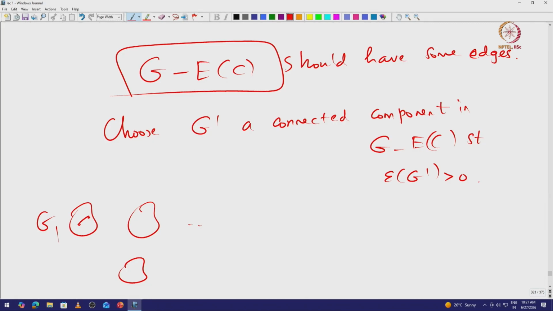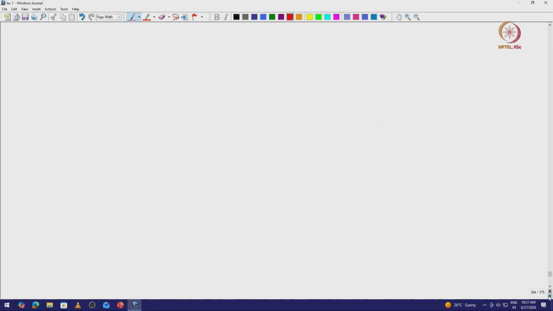Now let us go back and understand some property of C. C is a closed trail, so in particular it is Eulerian. Why is this Eulerian? Just look at the subgraph C. By the definition of Euler tour, C itself is an Euler tour for the subgraph C, so it must be Eulerian. So, the argument that we saw in the beginning: for each vertex, if there is an incoming edge, there should be an outgoing edge.